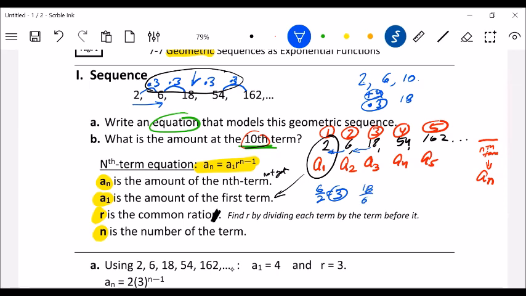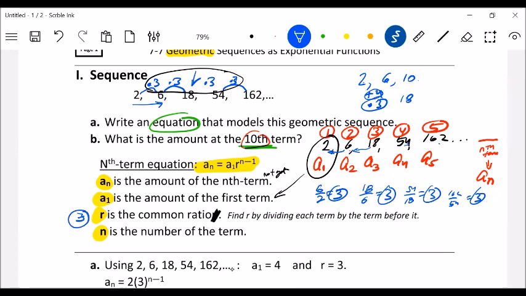So the third one divided by the second, that's also 3. 54 divided by 18 is also 3. 162 over 54 is also 3. So notice that it's the same number each time that you multiply by. 2 times 3 is 6, times 3, times 3, times 3. So the common ratio is 3.